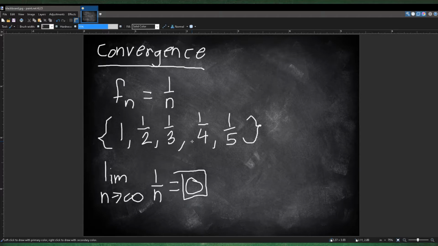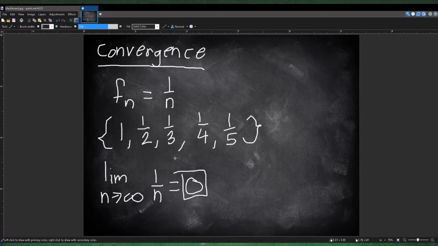If the ending number has a specific numerical value, then it's converging. So since the limit as n approaches infinity of 1 over n is equal to 0, and 0 is a numerical answer, then this sequence, 1 over n, is converging. So if the limit actually has a number, then it's converging. If it doesn't, it's diverging.